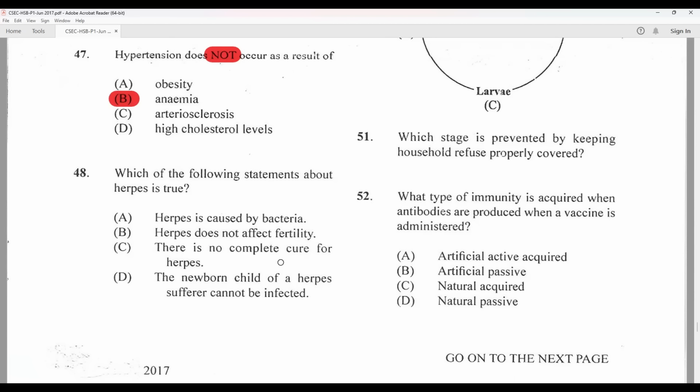There's no complete cure for herpes. The newborn child of a herpes sufferer cannot be infected. You can't make such a bold statement; a newborn child could still be infected with herpes. They're not permanently immune to it. So the only answer is there is no complete cure for herpes.